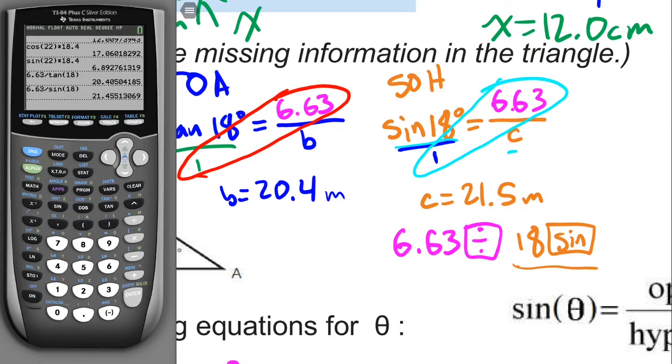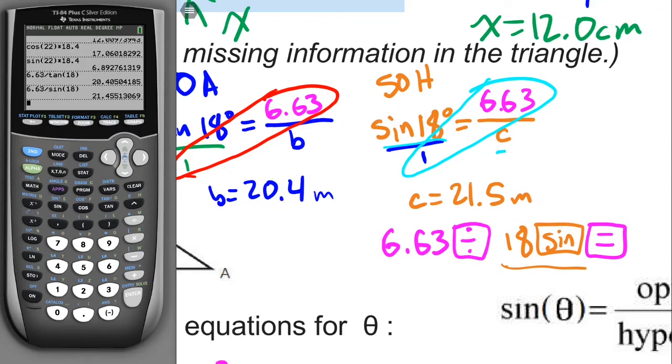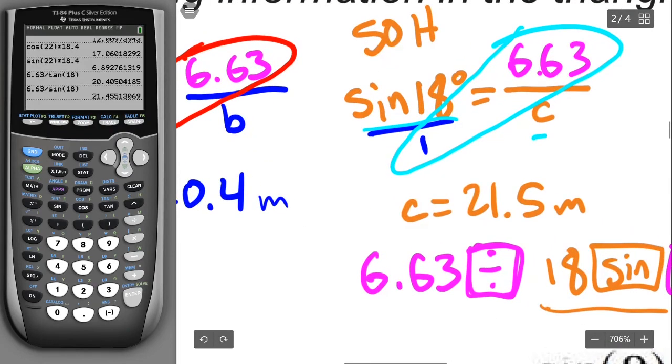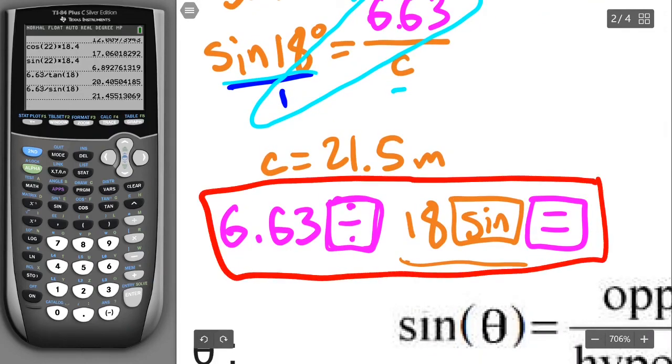You haven't actually done the division until you end with an equals. So if you've got a backwards calculator, I know it's a little bit confusing, you're going to have to do your 6.63 divided by, and then hit your angle, your 18 degrees, and then your sine. So if you've got a backwards calculator, try this right now and make sure that you can get 21.455.